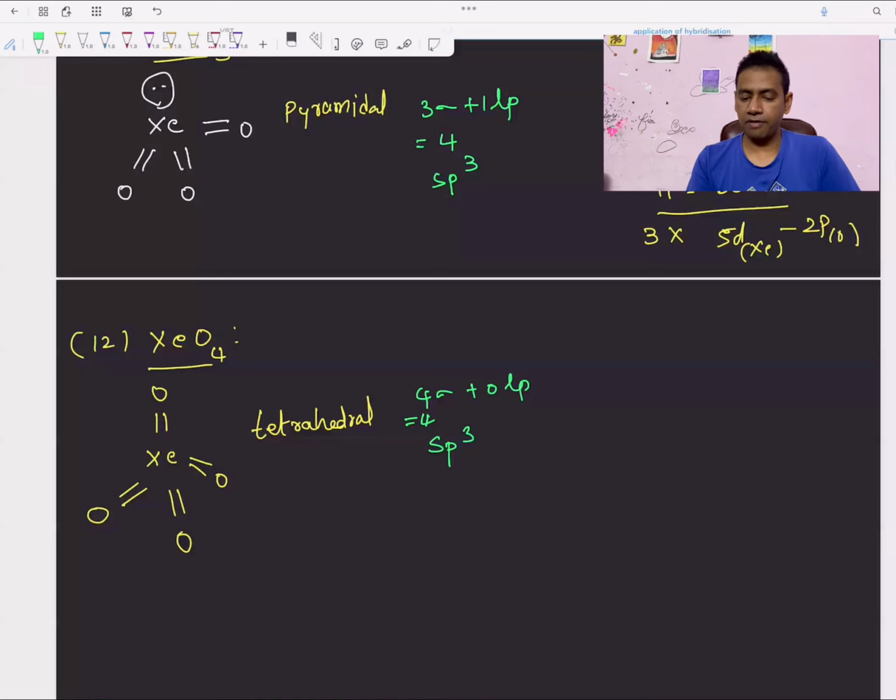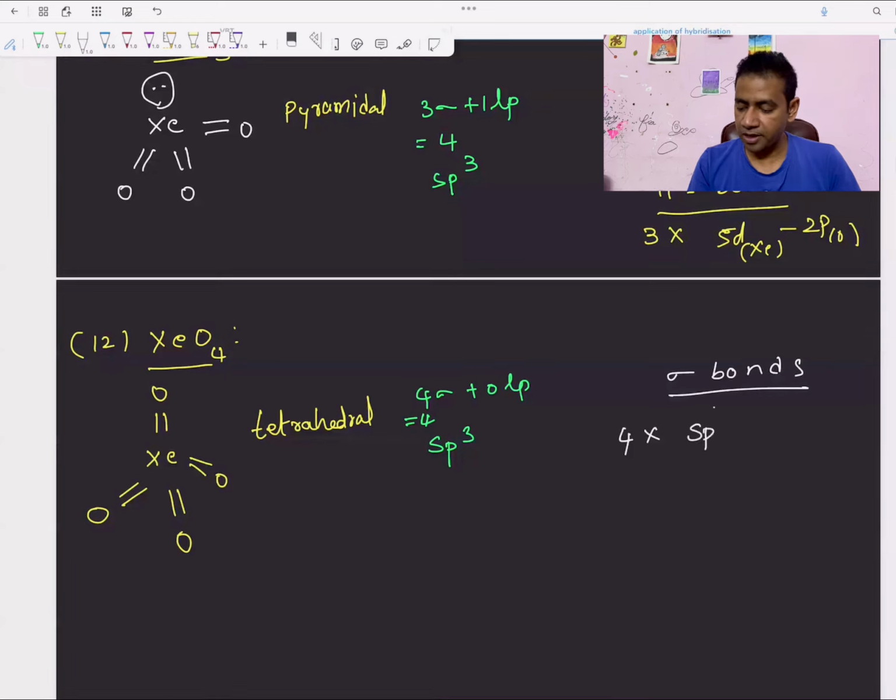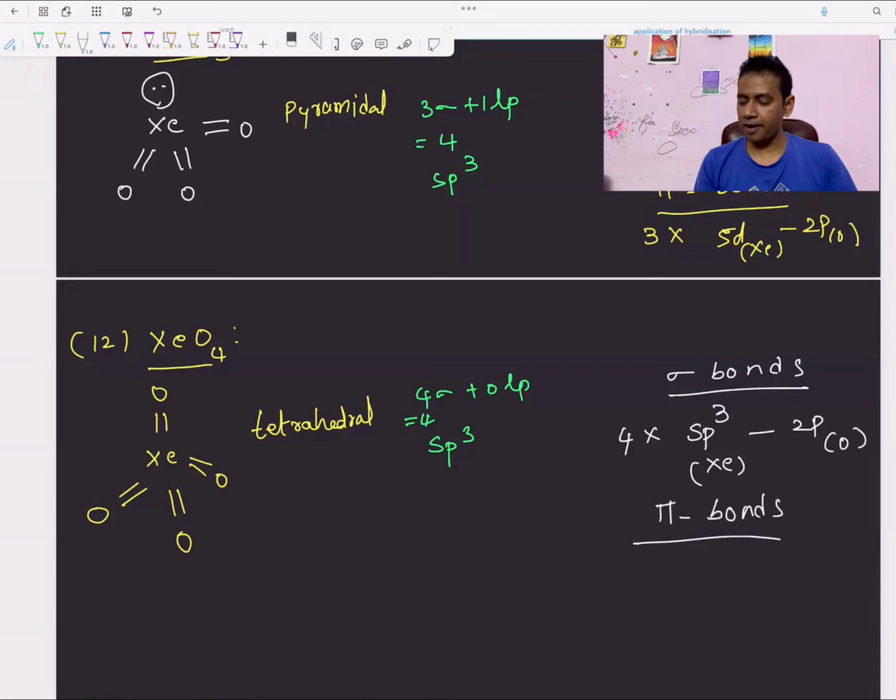Now here we can make up sigma bonds. So sigma bonds are formed. How many types of sigma bonds? Here we have only one type of sigma bond. There are 4 such sigma bonds. Each sigma bond is formed from overlapping of sp3 hybrid orbital of xenon with 2p atomic orbital of oxygen, and also we have pi bonds, and all these pi bonds are d pi p pi bonds.